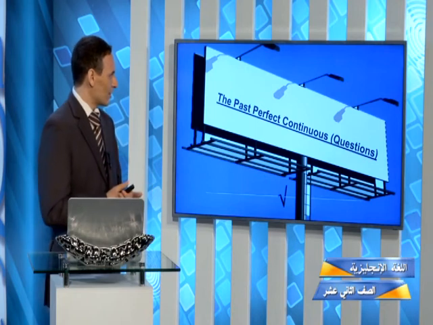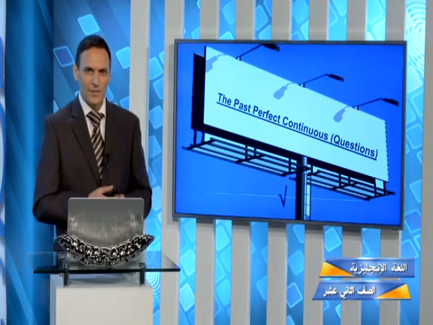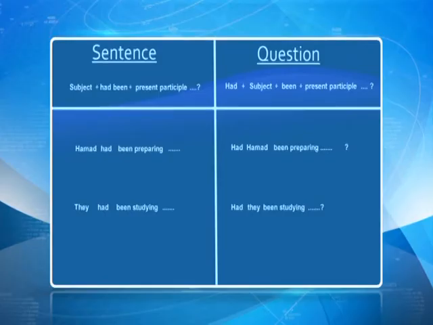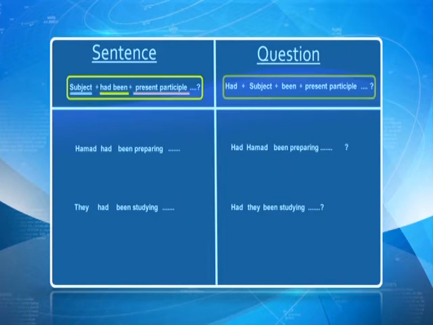Now let's talk about the past perfect continuous tense in the interrogative form. Notice that the sentence word order starts with a subject plus had been plus the present participle. But in a question, we need to switch the helping verb and the subject. So we start with had, then the subject, then been, followed by the present participle.